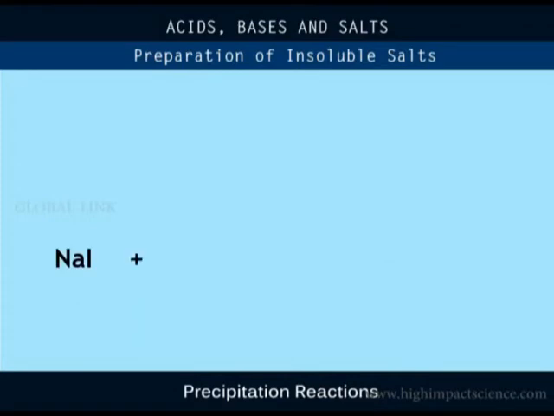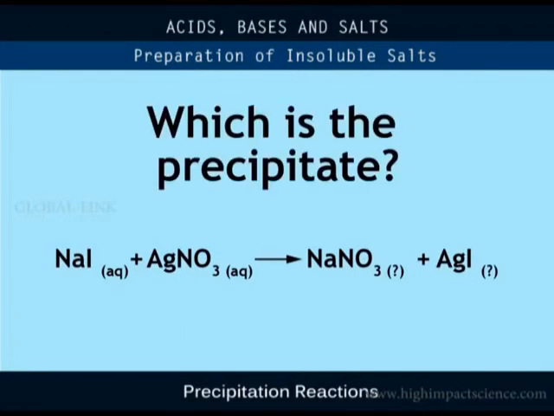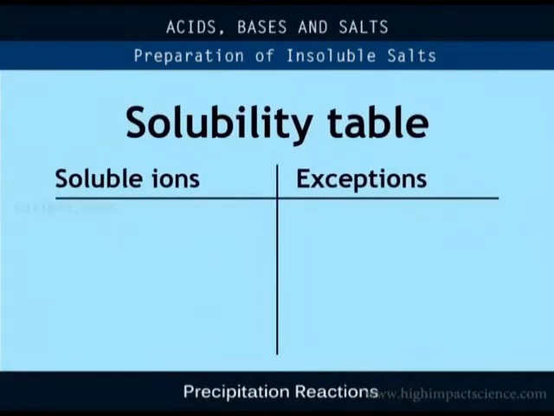Since sodium iodide and silver nitrate are soluble in water, they form aqueous solutions. We know that sodium nitrate and silver iodide are formed, but how do we know which is the precipitate? We simply refer to the solubility rules. All nitrates are soluble in water.